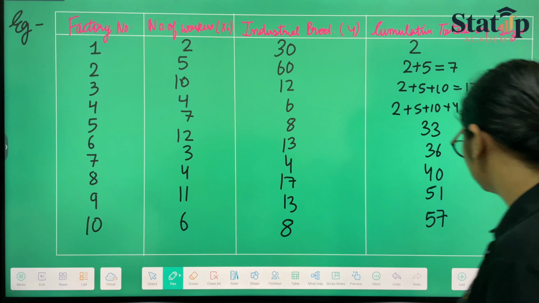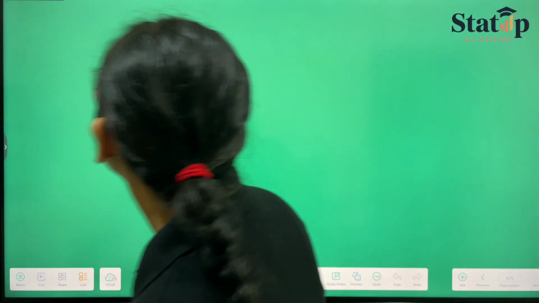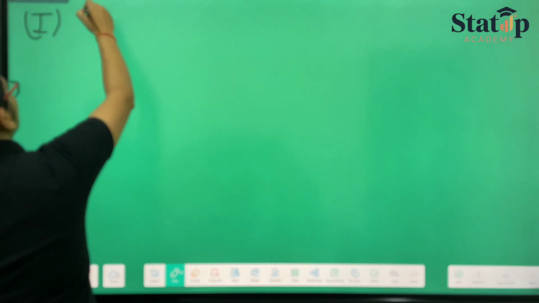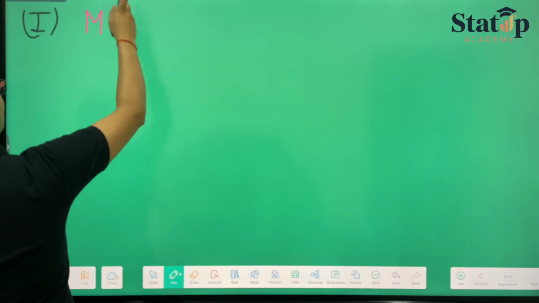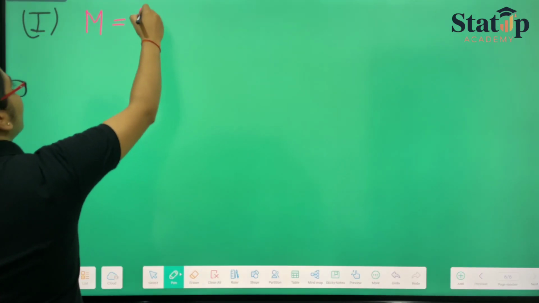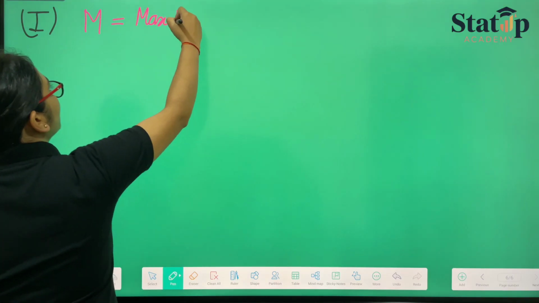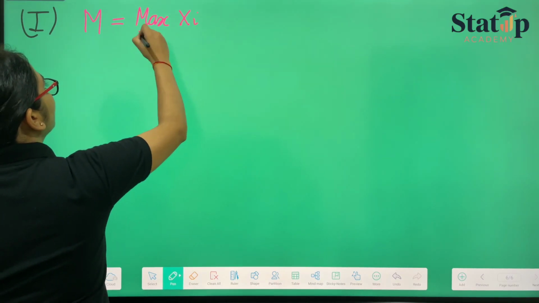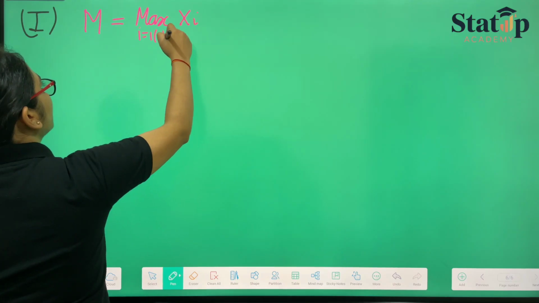Okay. So the first step includes selection of the maximum of xi, which is capital M. M is equal to the maximum of xi, where i goes from 1 to n.